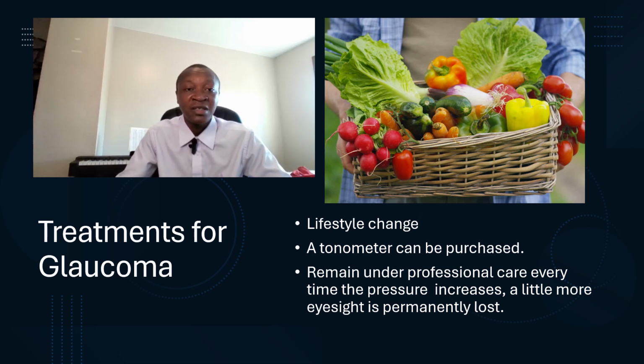This is the tool that you need to measure your eyes regularly, so every day you can take a measurement to see if your eye pressure is high or low, because every time your eye pressure increases it might result in damage to your optic nerve, which might result in blindness. So it's very important also to have these small tools.